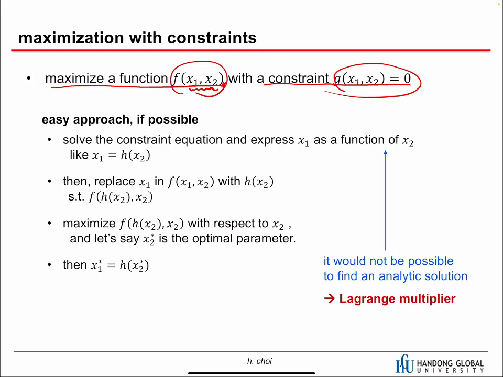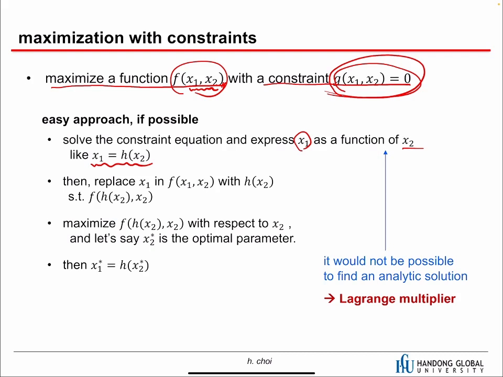The first one is the easy approach. If possible, and sometimes it is possible, we solve the constraint equation and express x1 as a function of x2, which means this function is simple.